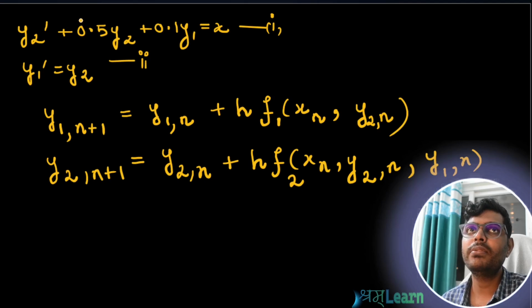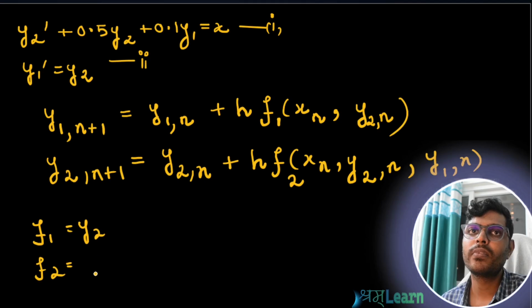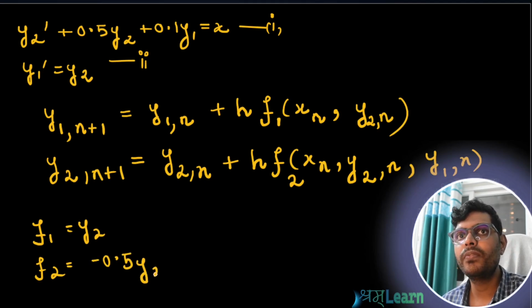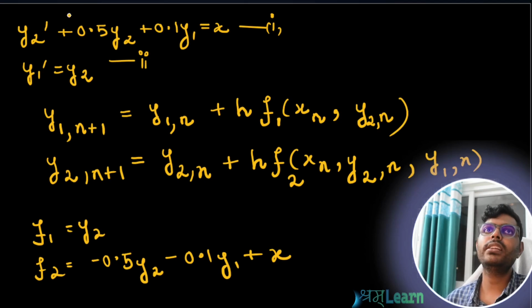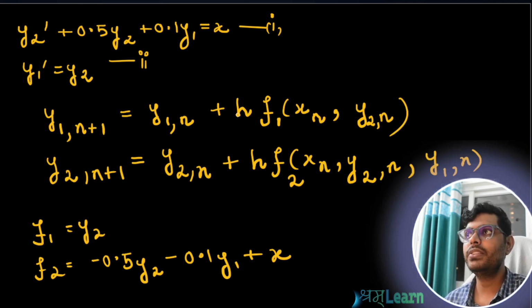So function 1 is nothing but y2 and function 2 is nothing but, what is this, minus 0.5 y2 minus 0.1 y1 plus x. If I take the whole thing away, that is how we were writing first order differential equations. Okay, so y dash is equal to some function of x comma y.